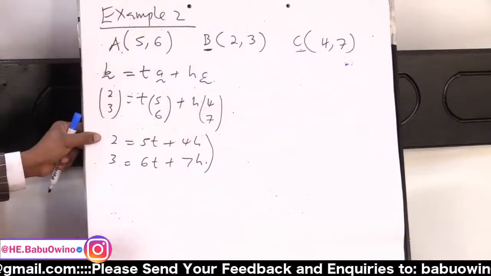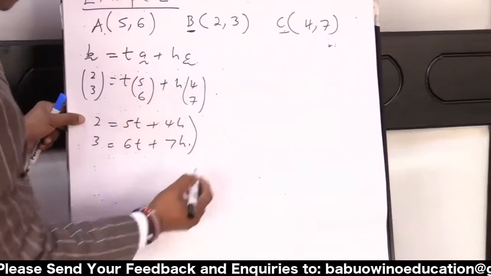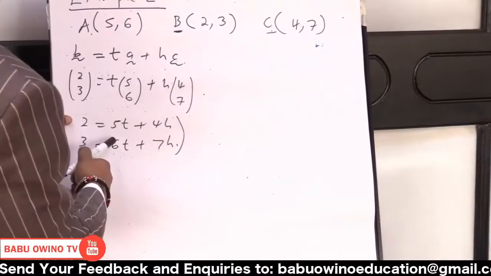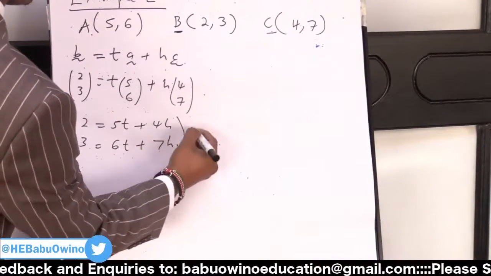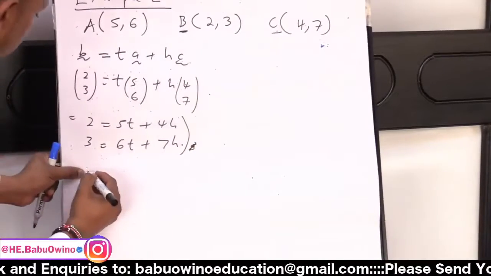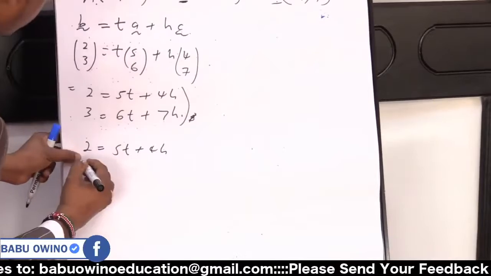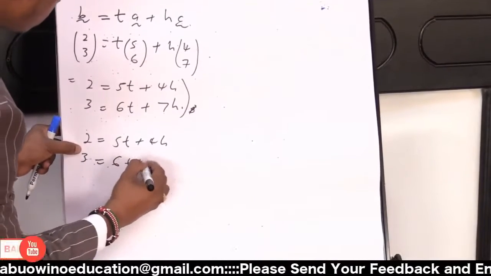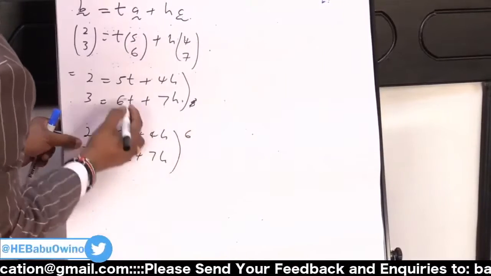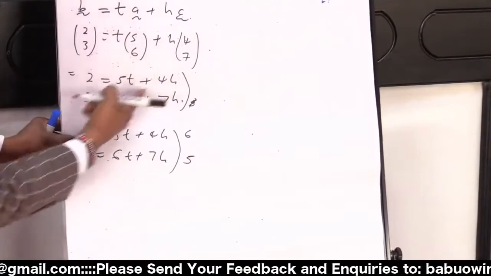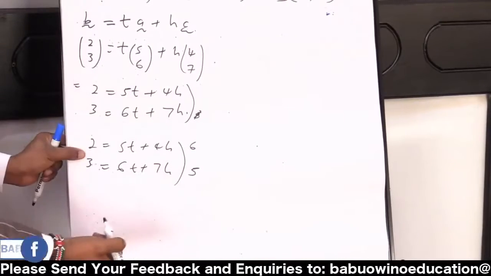Then we can multiply here by 6 and multiply here by 5, to make your work look neat.